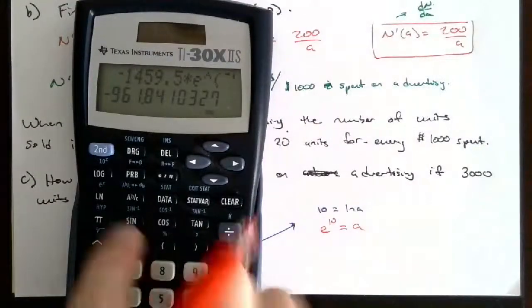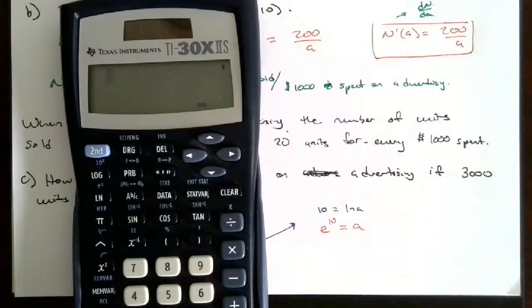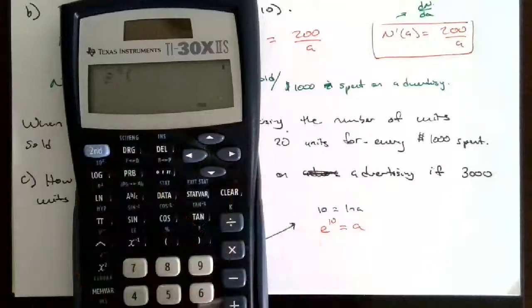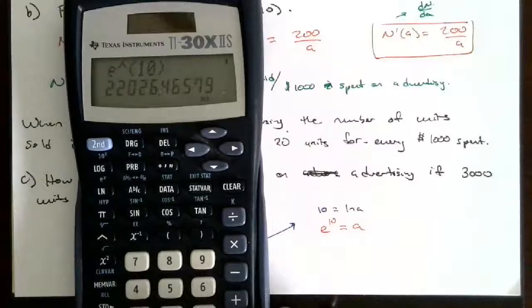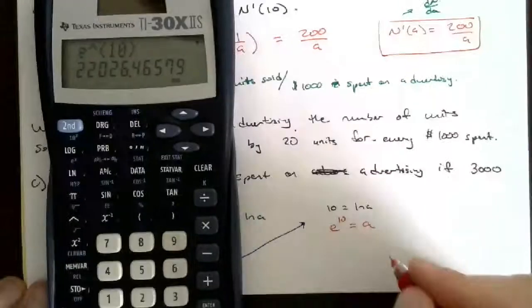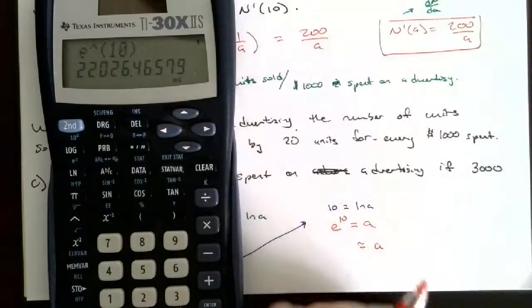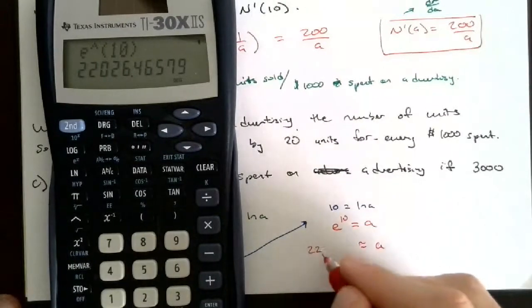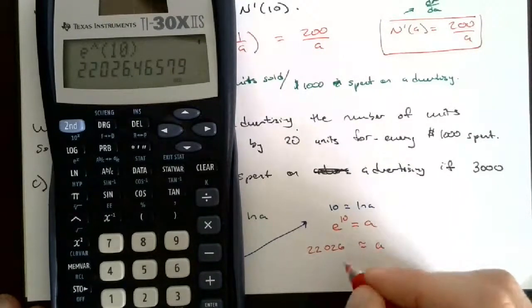But let's approximate this. If we did this on your calculator here, we would have second e to the 10th power. And that would give us 22,026.465. So this A is approximately 22,026.466.